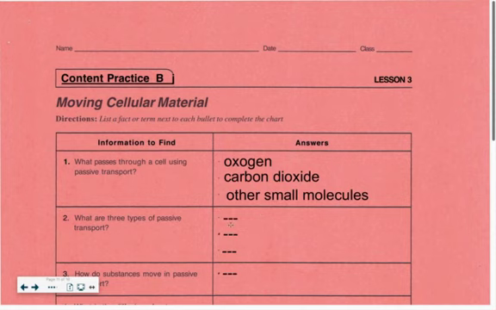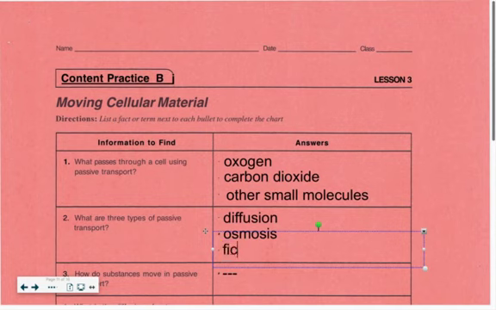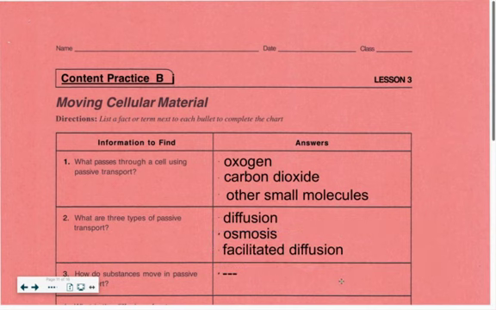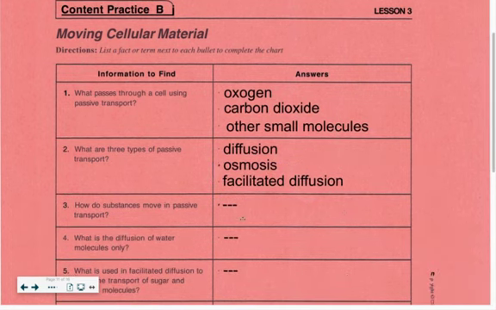Okay, what are three types of passive transport? Diffusion, osmosis, and facilitated diffusion. How do substances move in passive transport?